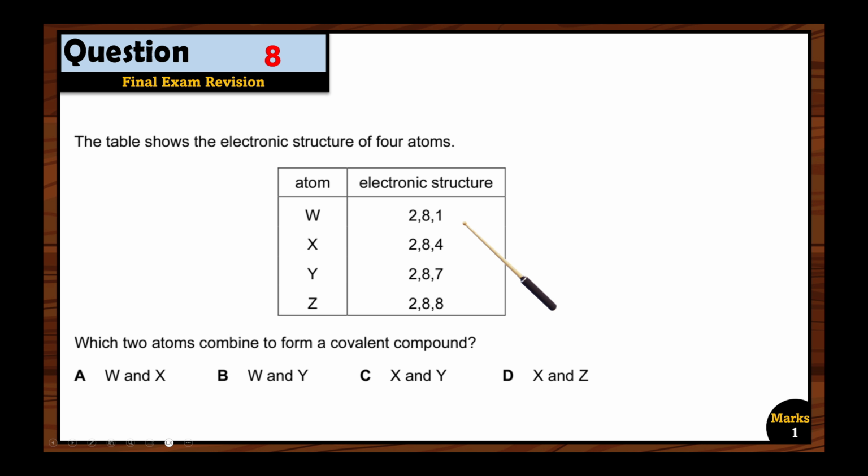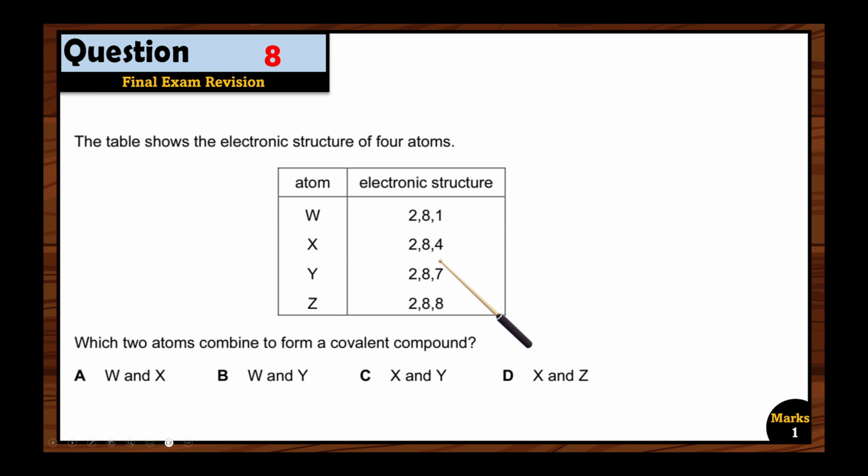Remember, metals usually have 1, 2, or 3 electrons in their last shells, but 4 or more is about the non-metals. So let's see which ones have more than 3 electrons in their last shell: X, Y, and Z. This one has 4, this one has 7, and this one has 8. But 8 is a stable configuration. It means it's a noble gas and we don't need to form any covalent bond.